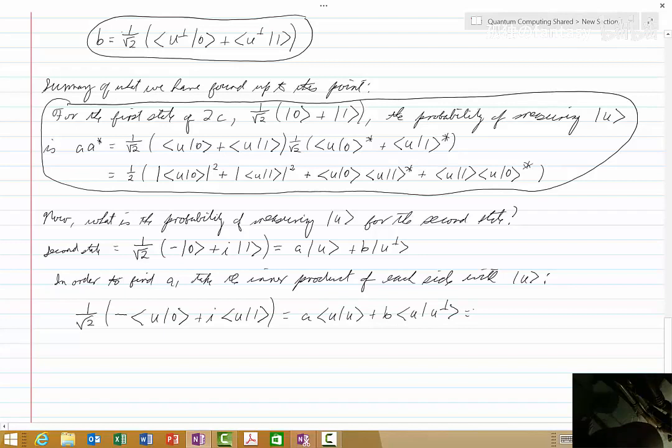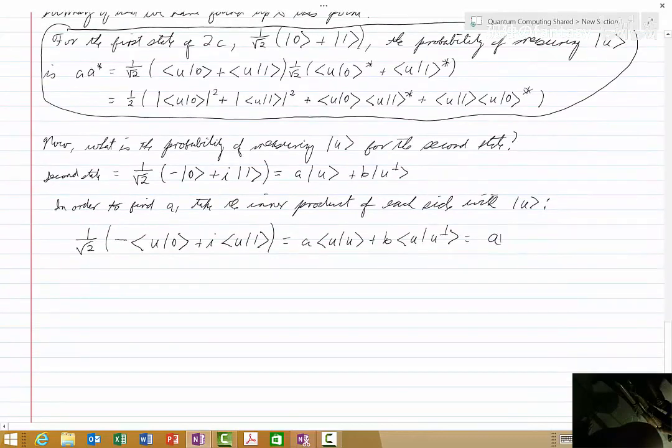And as we know now, we've seen this a couple of times, so we know immediately that that is simply equal to A.